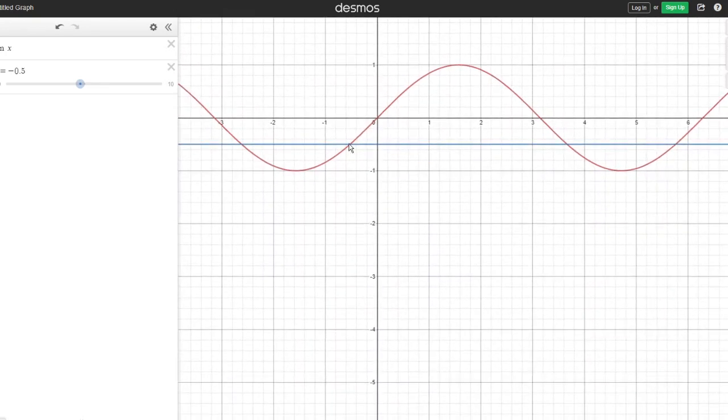You see the solutions already. Again, we are looking for x values at which the value of the function is negative 1 half. That's why I drew a horizontal line.